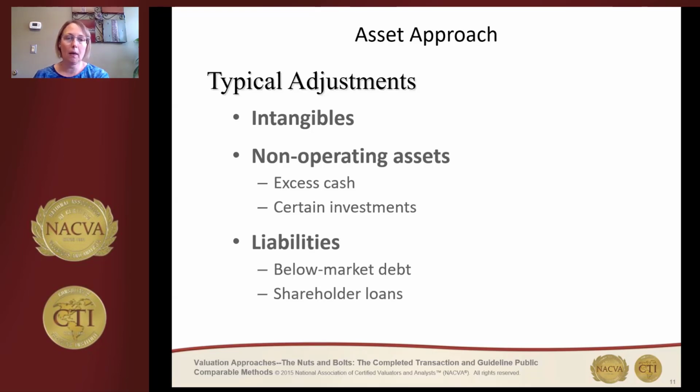But that can be one method of doing it. You can also look at just the general cash flow and the working capital requirements. So analyzing the client's numbers and understanding, hey, is there excess cash being held here? And talking to management. They might have excess cash because they're planning for an expansion, or there's some reason that they're holding that cash in the company and not bringing it back out to themselves.